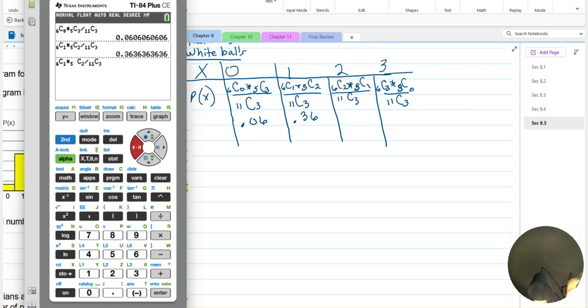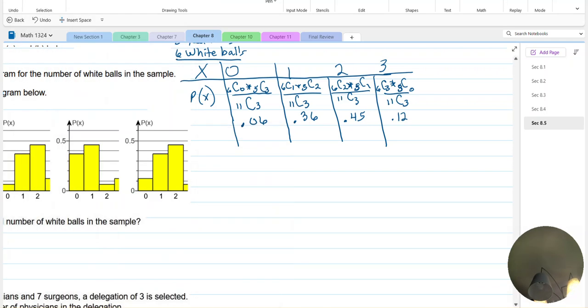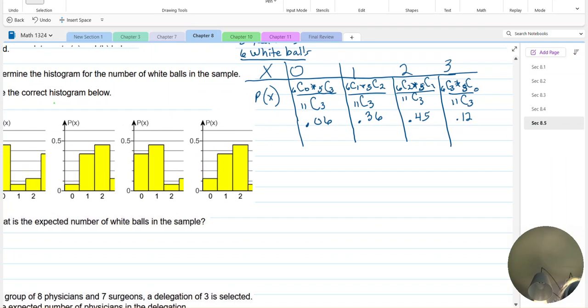I change my sequence here to a 2 and a 1, and I get the 0.45. And then I'm doing the last one with the 3, going backwards to change the other one to a 0. And I get 0.12.